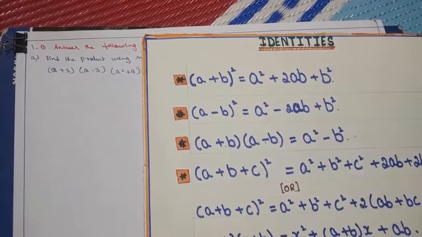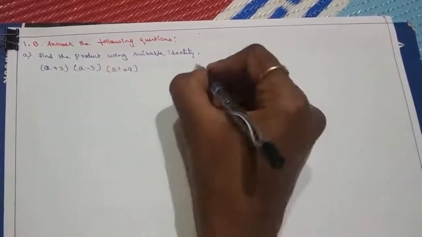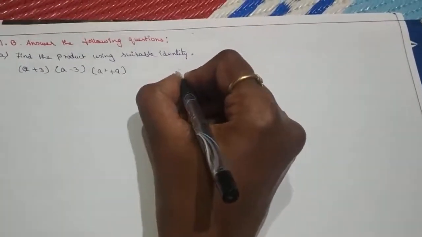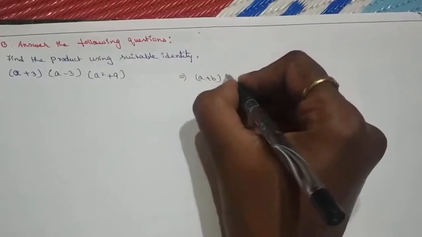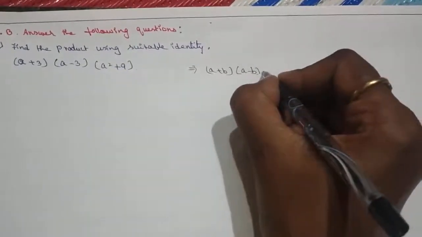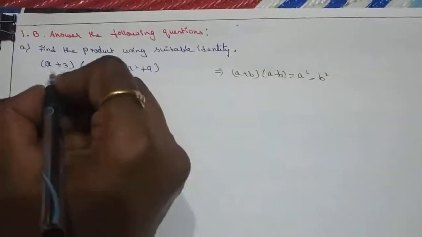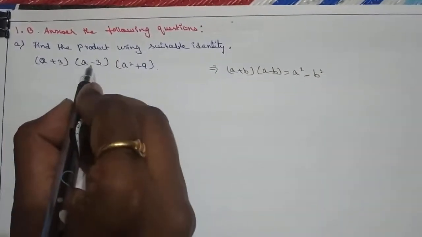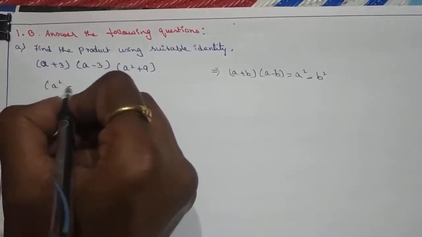Then this (a plus 3) into (a minus 3) can be written as, so first we'll write the identity, that is (a plus b) into (a minus b) equals a square minus b square. Then this (a plus 3) into (a minus 3) is a square minus b square.